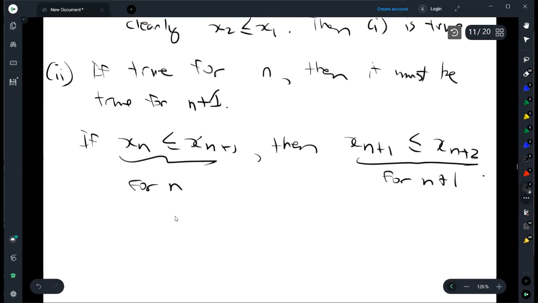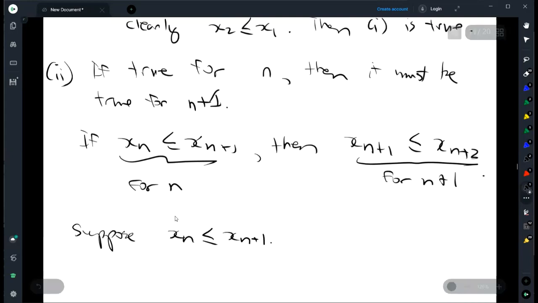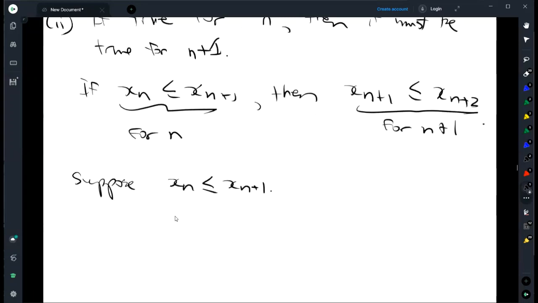Now, let's start with this. Suppose x sub n is less than or equal to x sub n plus 1. Let's try to arrive at the statement for n plus 1, in such a way that we get x sub n plus 1 on the left side.